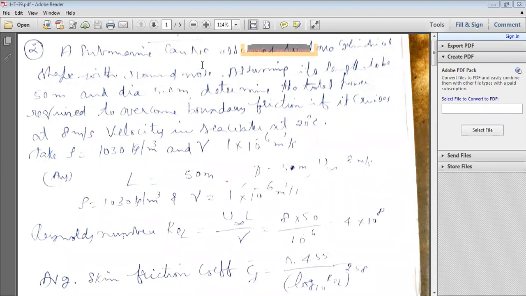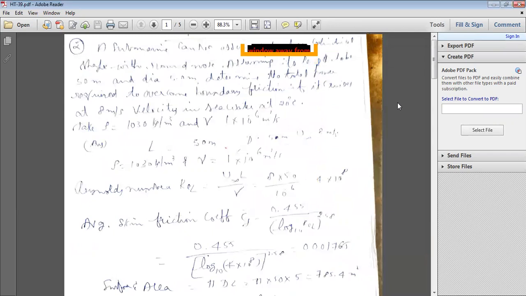A submarine can be assumed to be cylindrical in shape with a round nose. Generally, if you observe any submarine, the round shape is at the nose, and throughout the length it is just like the shape of a cylinder.